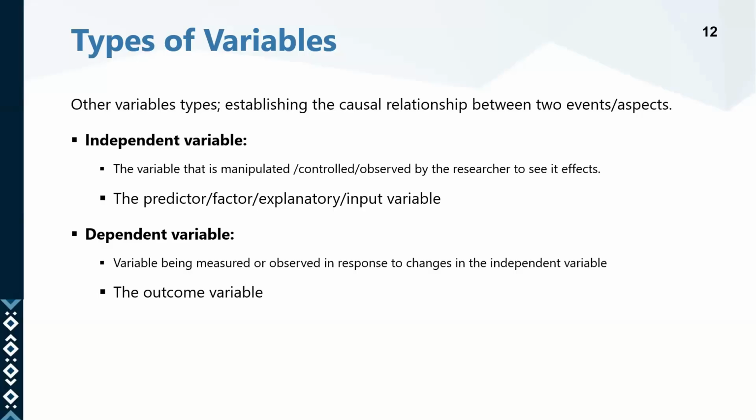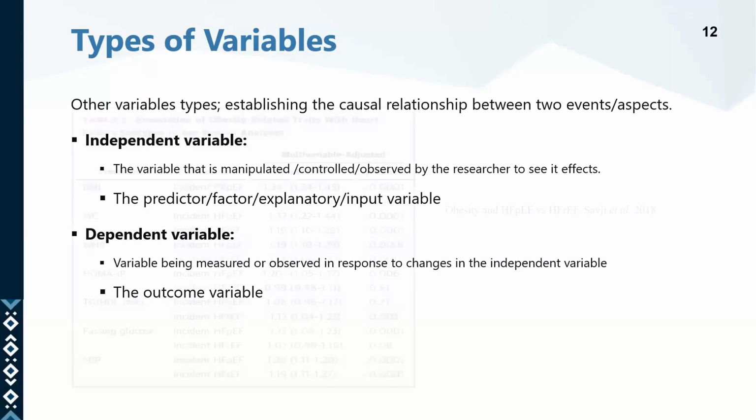That means you can manipulate or control it to see its effect on the outcome variable or the dependent variable. So the independent can also be called the predictor or the factor variable, and the dependent is the one being measured or observed in response to changes made in the independent variable.